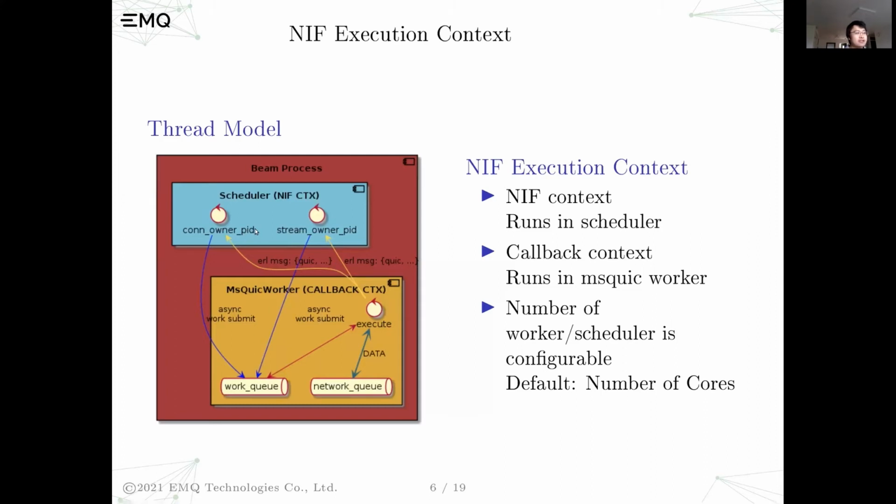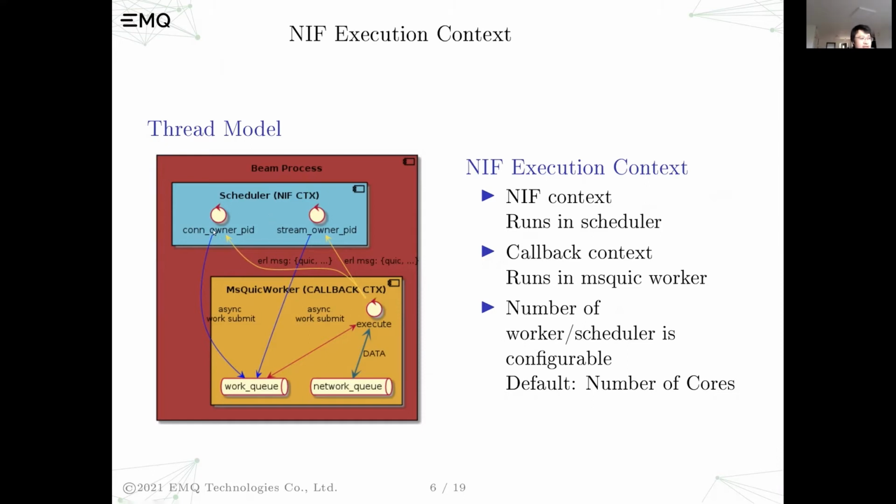And to communicate with each other, I should say the NIF code has two parts. One runs in what I call the NIF context, which is running in the scheduler. Another part is the callback context. They are called by the MsQuic worker. And so how do they communicate?